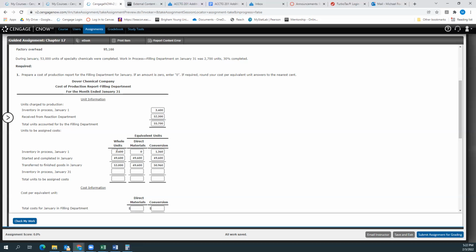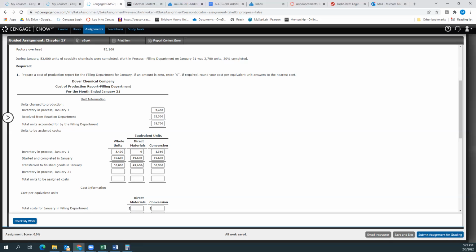There were actually 3,400 units, but they were 60% done. So we still had to do or put into them 40% of that labor and overhead. And so these numbers make it look like, well, there was only 49,600 direct materials units and 50,960 conversion units. But really, there was 53,000 units.